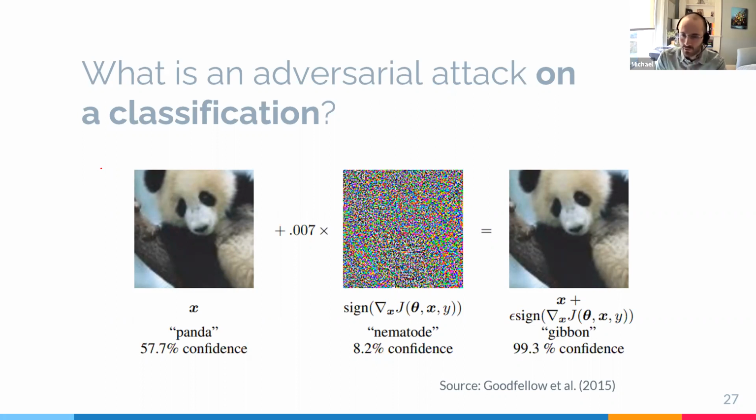The most famous of which is this FGSM approach. This might look like white noise here, but actually it has been calculated to give the worst possible impact on the correct classification. And so we go from predicting this as a panda to predicting it as a gibbon with very high confidence, and without any visible change in the image.